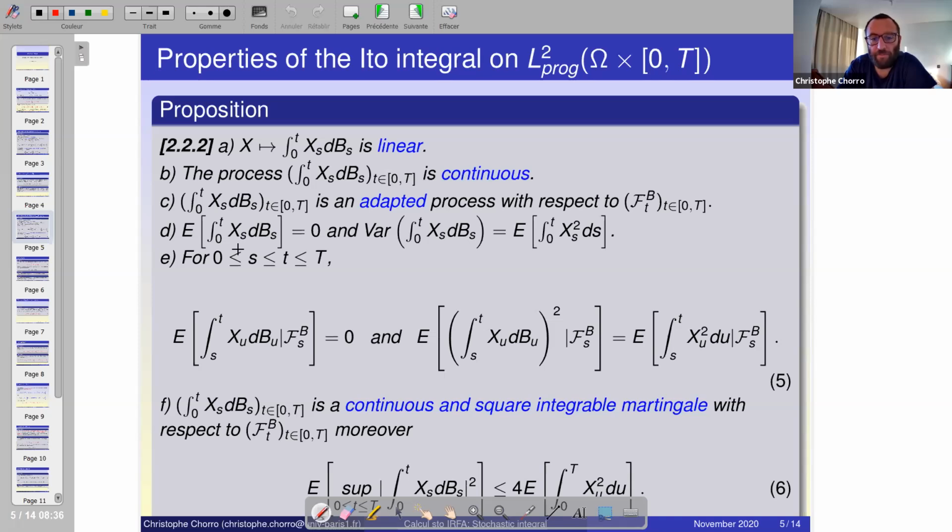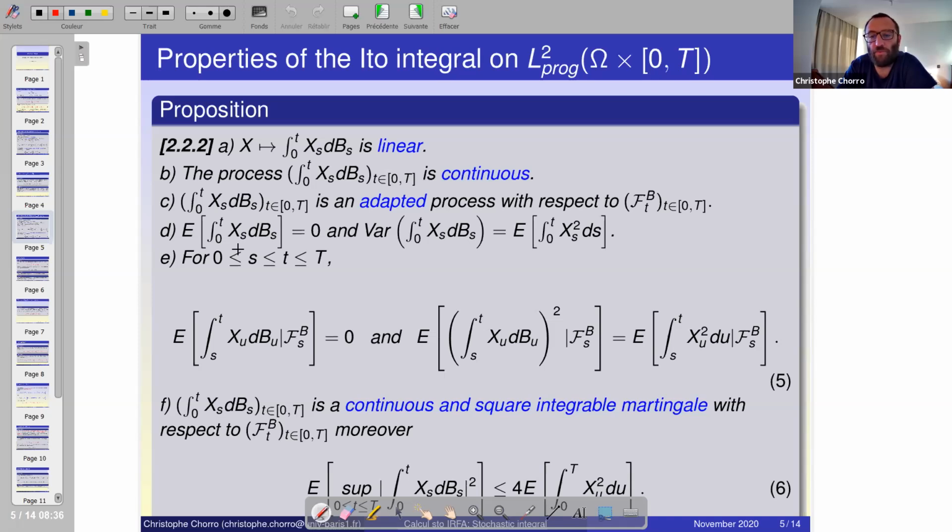A remark: this integral extends what we have done in chapter 1, in the case of the Wiener integral, or in the case of a special integrand of the form a function of the Brownian motion.